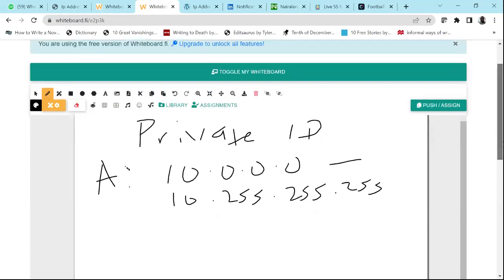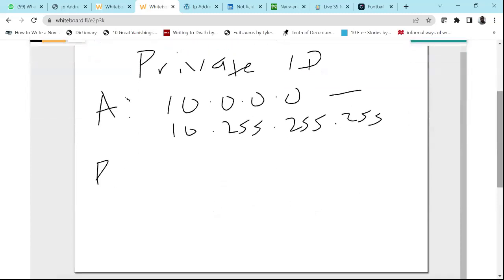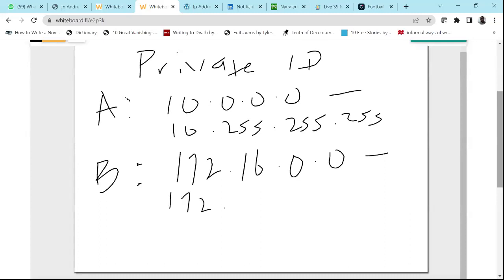For class B, the range is 172.16.0.0 to 172.31.255.255.